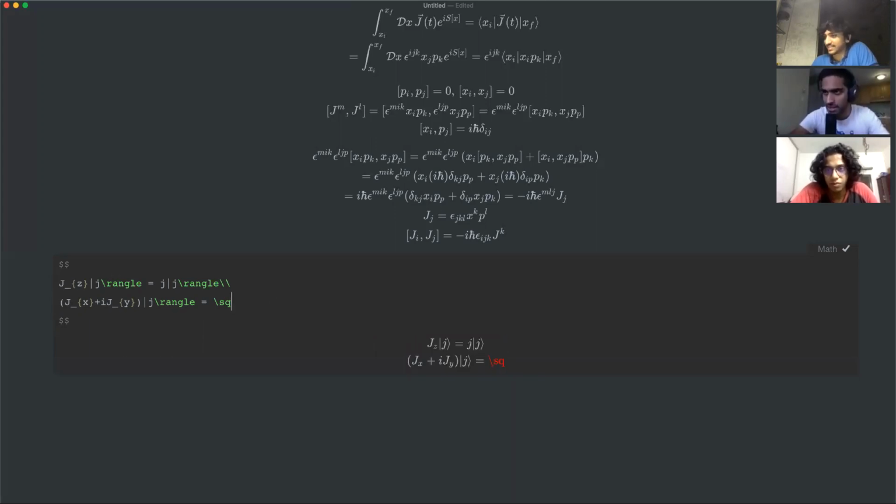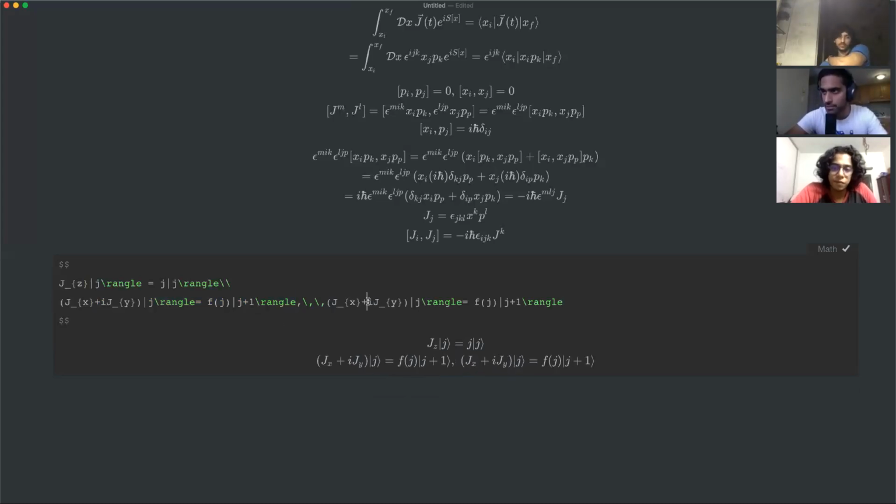But really, what will happen is that it'll be equal to some function of J times the raised state. Okay. And you'll find that with the minus sign, the other thing happens.